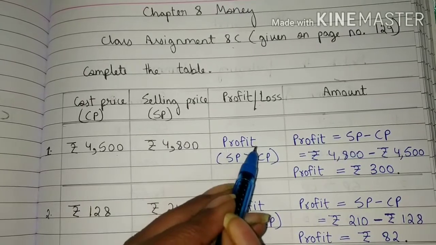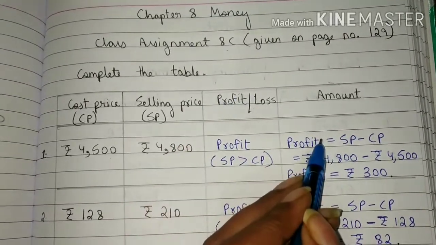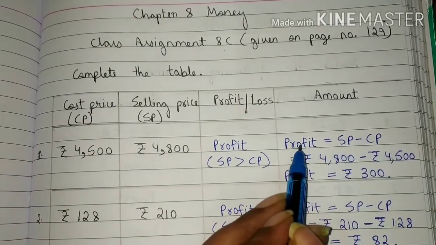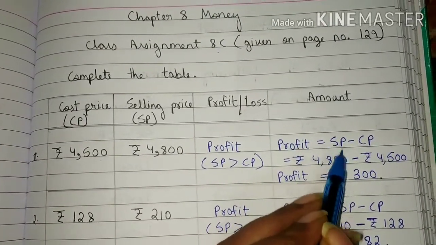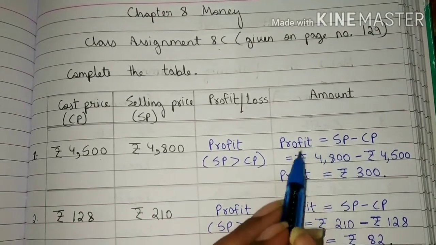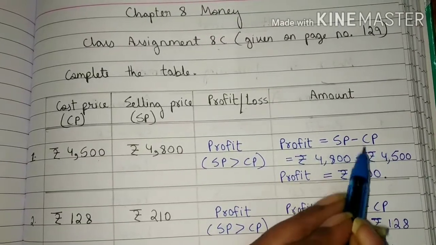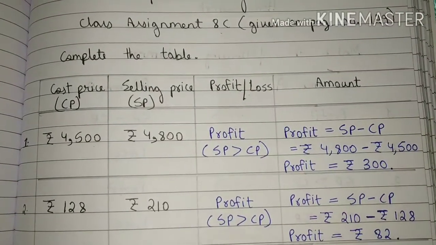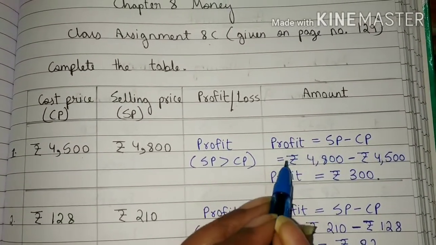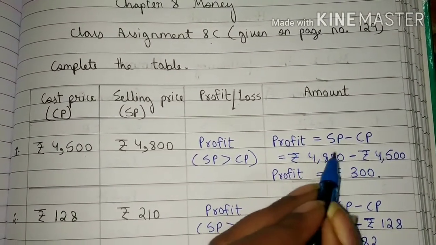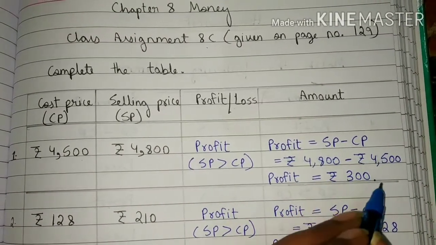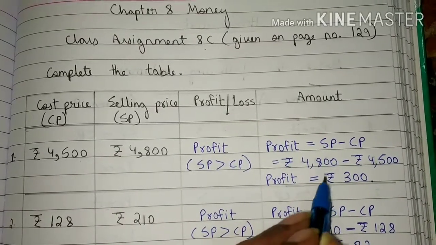So here you will write profit. And here you will calculate profit amount. How will you calculate? Profit is equal to selling price minus cost price. Selling price is rupees 4,800. Cost price is rupees 4,500. So, rupees 4,800 minus rupees 4,500 is rupees 300. So, profit is rupees 300.